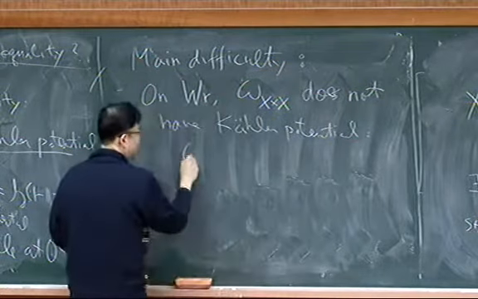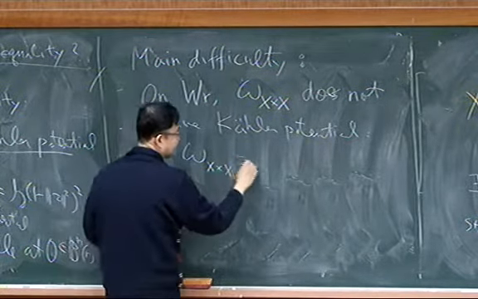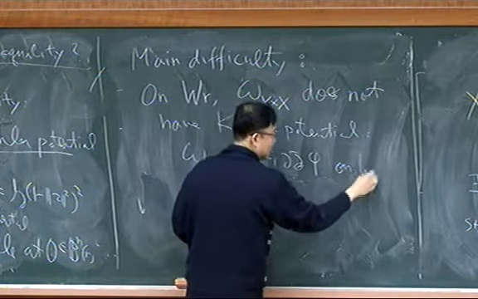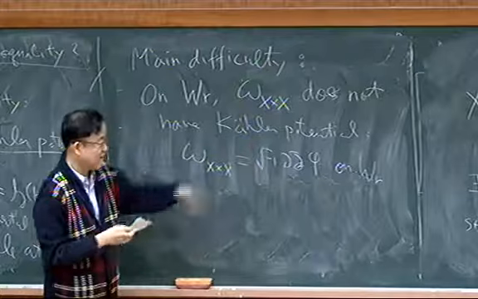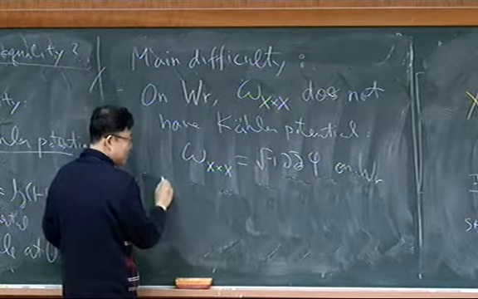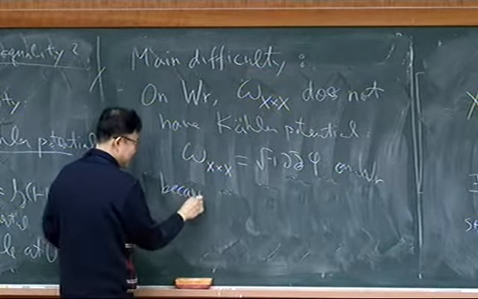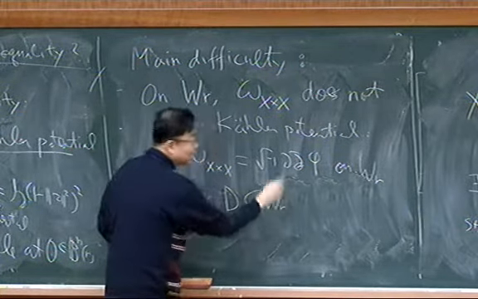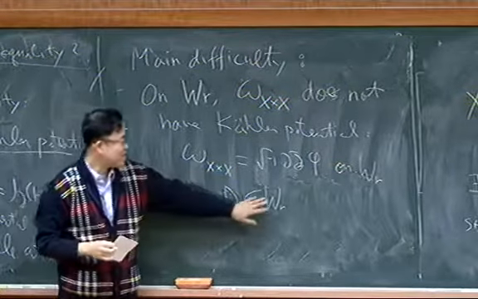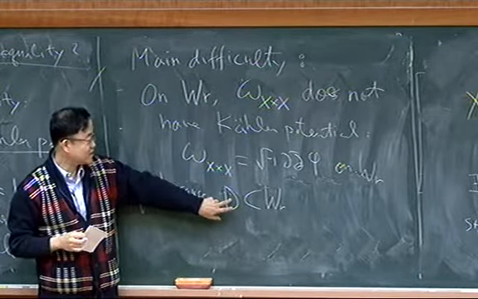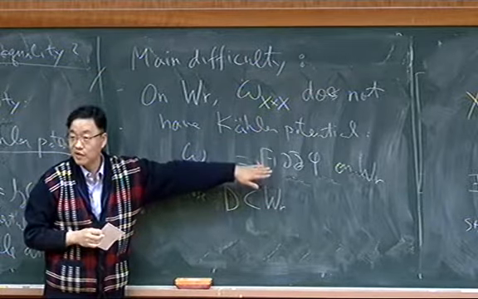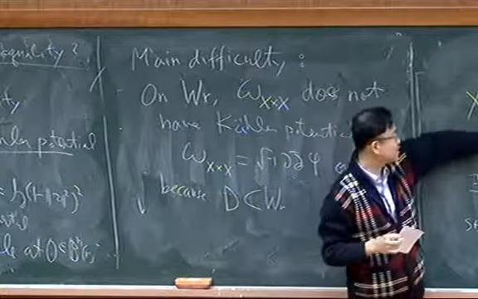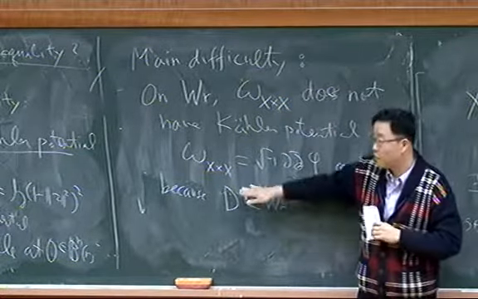In other words, you cannot write down the Kähler form as dd bar over one function on WR. The reason is that you have this higher dimensional variety, this diagonal inside R. When you have a positive dimensional analytic variety, you cannot have Kähler potential by maximum principle. So there's no way you can write down the metric in this neighborhood as dd bar over one potential.